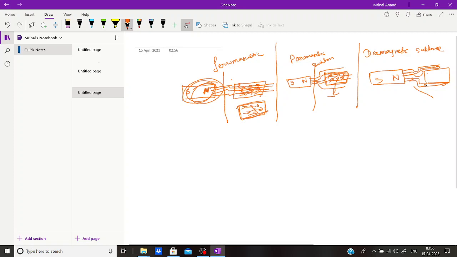So it is feebly repelled by the magnet. Its domain particles rest at 90 degrees. This diamagnetic substance is not affected by external magnetic fields. So I hope you have got all the things clearly.